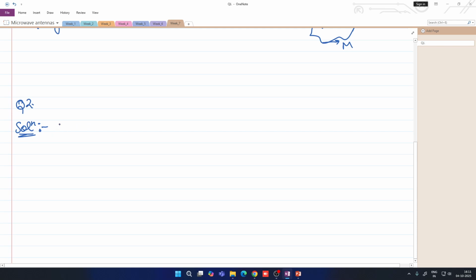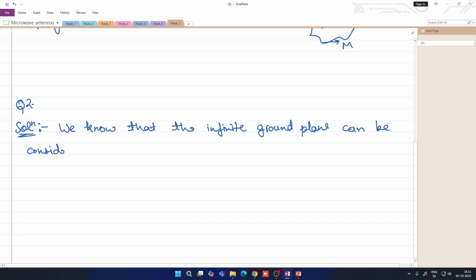So in question 2, we know that the infinite ground plane can be considered as a perfect electric conductor, PEC.